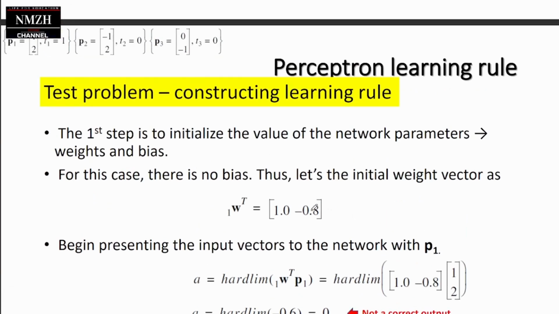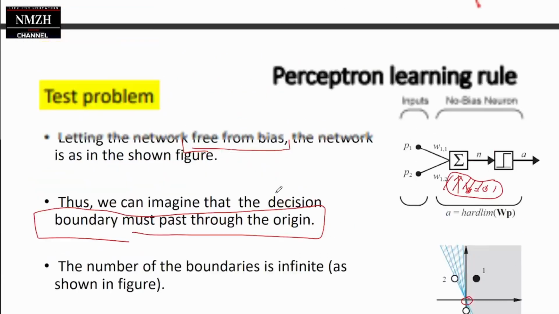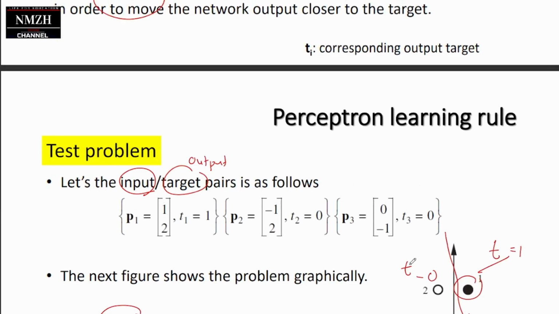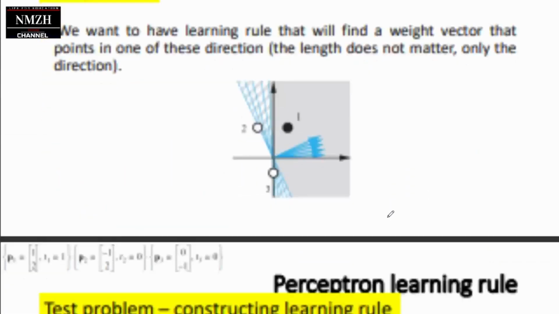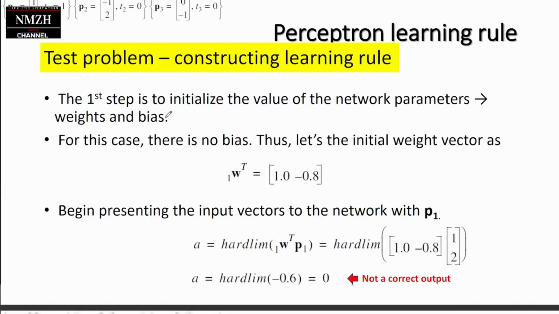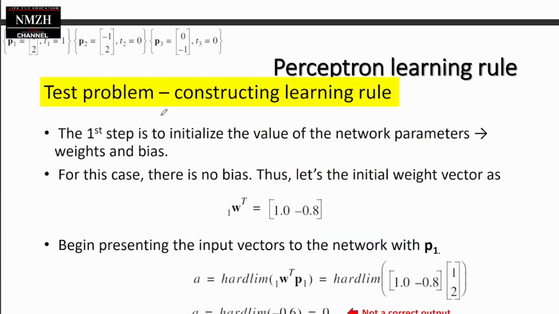I just copied this element as our reference to be here, so that we don't need to jump in and out again. So how do we test them? We need to construct the learning rules, guys. The first step is to initialize the values of the network parameters, weight and bias.